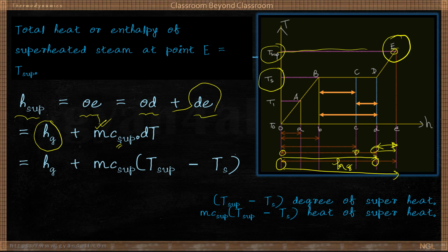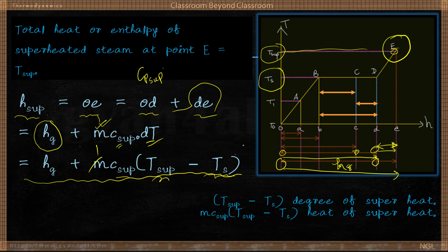CP sup you can write also. CP of superheated steam into dT, the temperature difference. This will be equal to 1 into CP sup into T sup minus Ts.